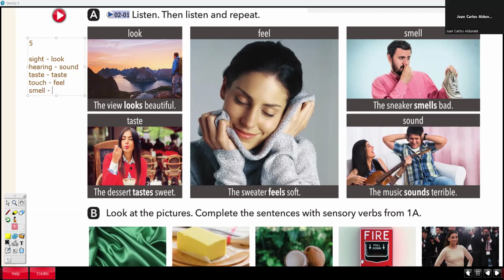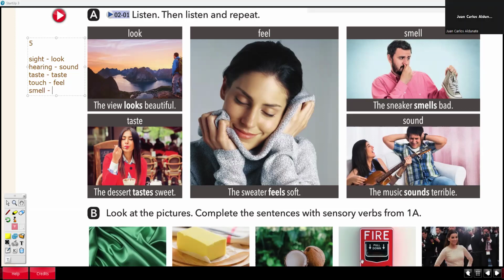Well, in English, it's related to both, material things and abstract things. So you can use it in both ways. I feel bad, or as I said, it feels soft. Perfectly correct. So when you're talking about touch, it's always feel to describe.